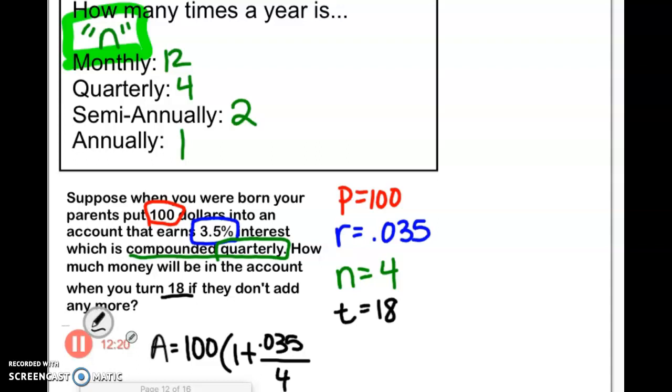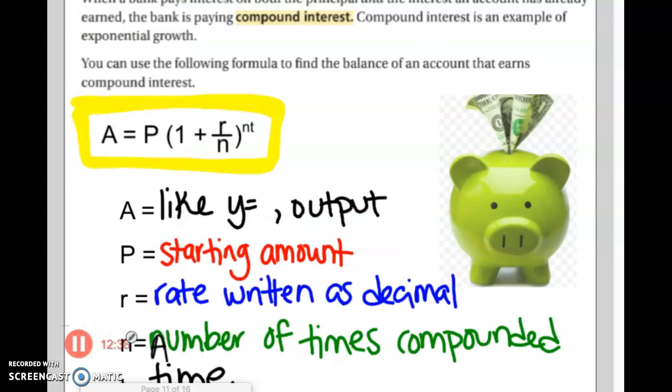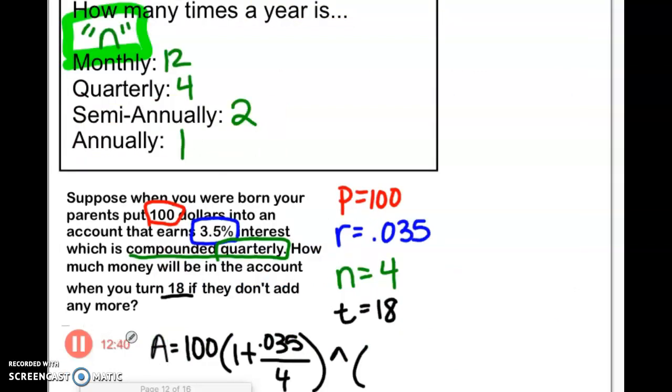All to the power of n times time. I like to use parentheses here. And I put the caret key in so that if you're typing it into your calculator, you want to raise it to the power of n times time. So 4 times 18.